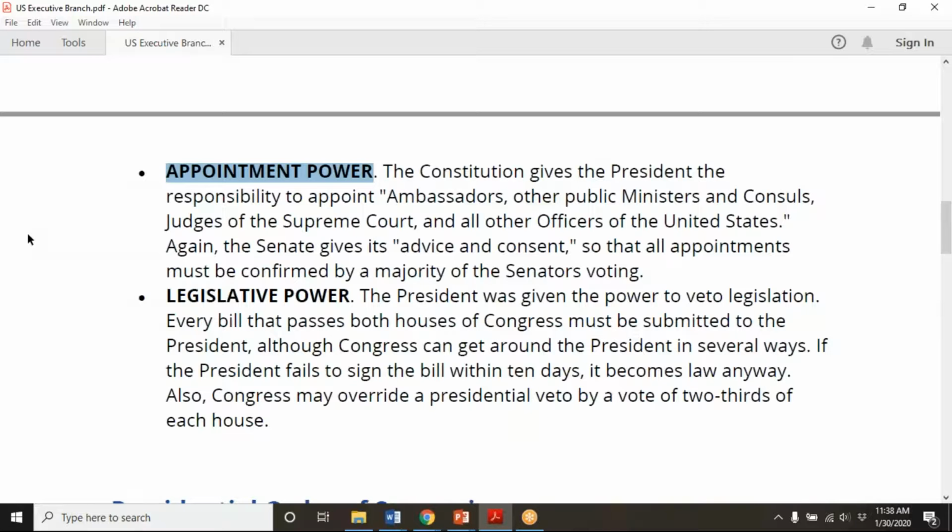Sometimes, depending on the job, it's a simple majority of just 50, 51%, or sometimes it's a two-thirds majority, what they call a supermajority, which is more people. That means it's harder to get that agreement. But again, balance of power, checks and balances between the different branches of government.